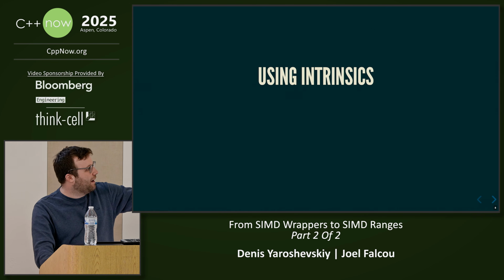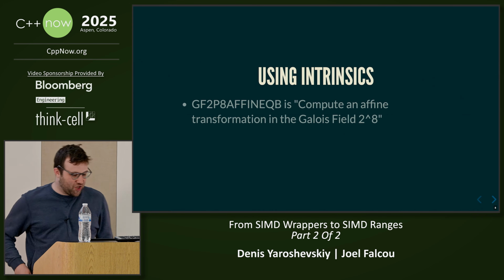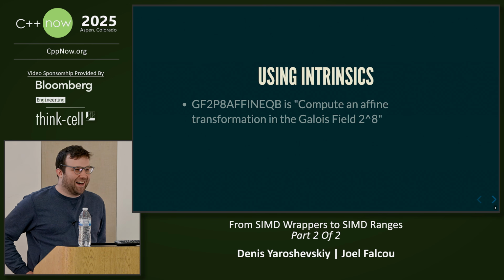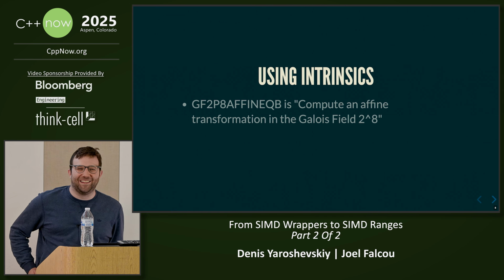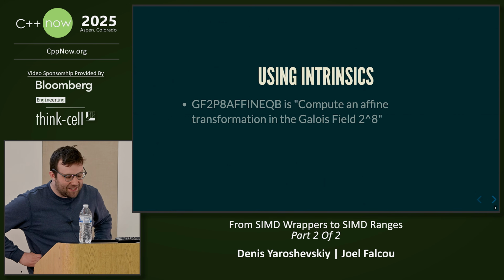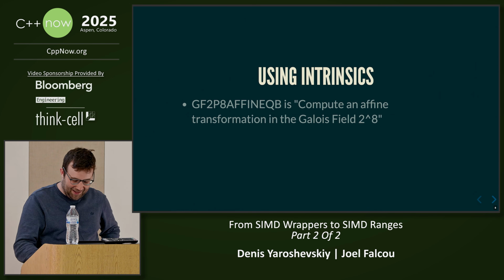Let's look at an example. There's an instruction, GF2P8AFFINEQB. We call it Jeff. It computes an affine transformation in the Galois field 2 to the power of 8. Does anybody know what that is? No, me neither.